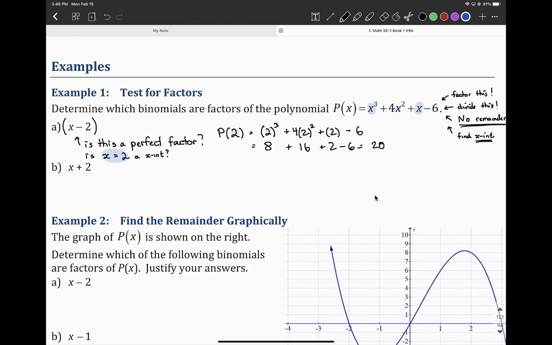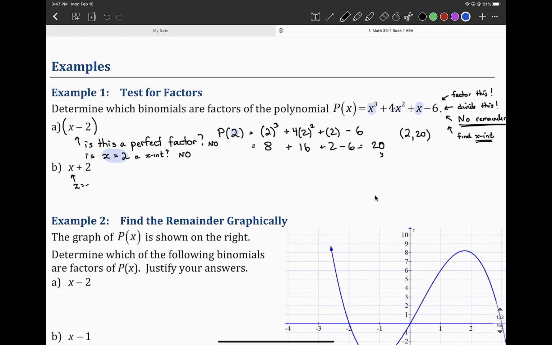So no, that's not an x-intercept. This is like a y-coordinate. We call it a remainder, but it is also a y-coordinate. And so we basically just figured out that this cubic graph goes through the coordinate (2, 20). So that's not an x-intercept. So no, it's definitely not a factor.